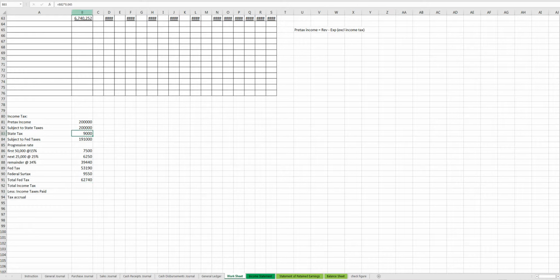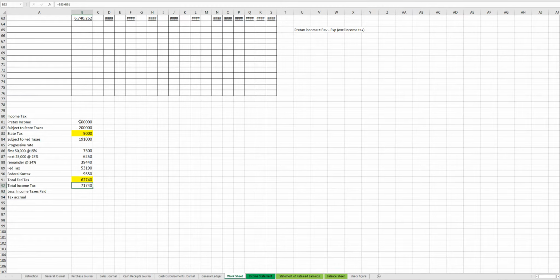So we have the state tax, and we have the total federal tax. The total income tax for 2018 will be $71,740. Okay, it was kind of small.